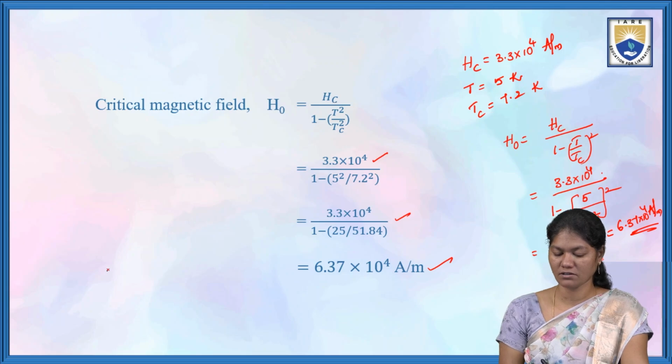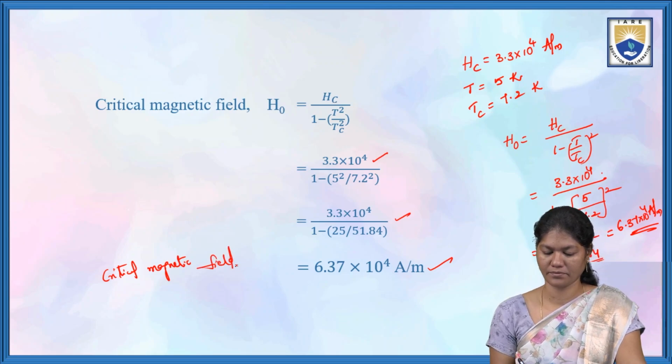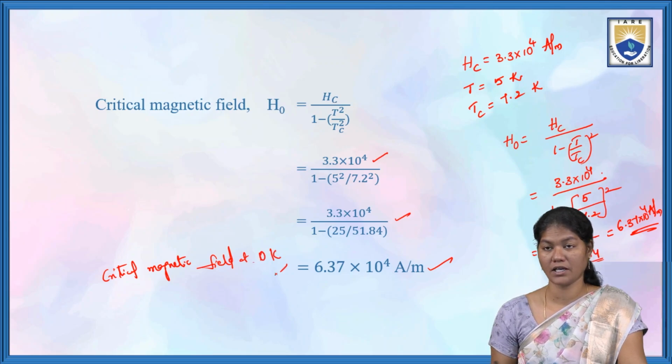So this is the critical magnetic field at 0 degree Kelvin.